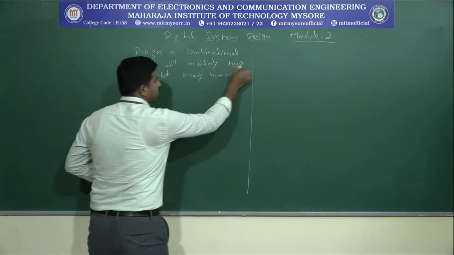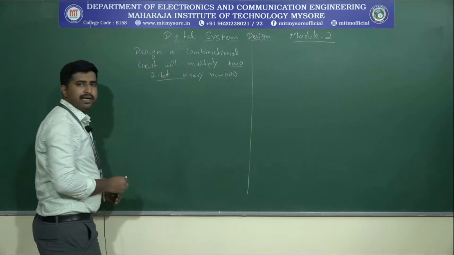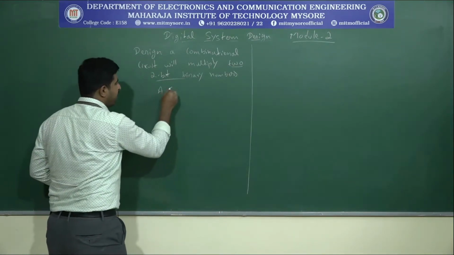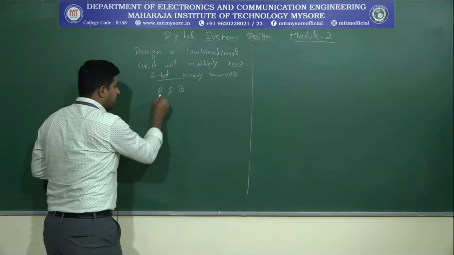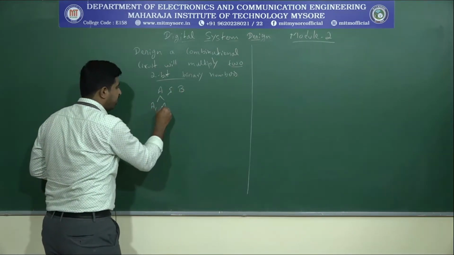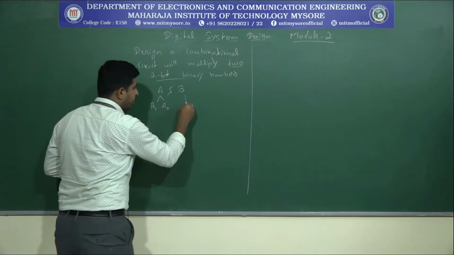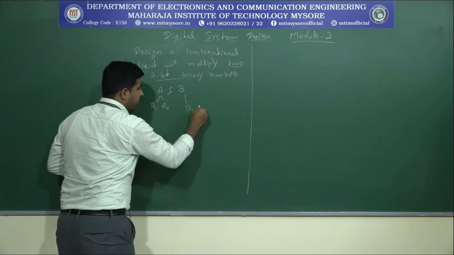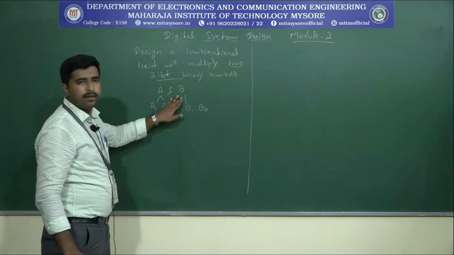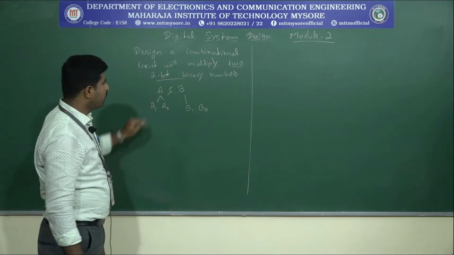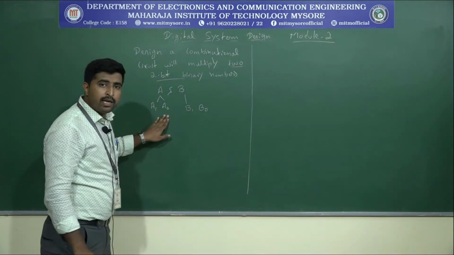There are two 2-bit binary numbers. I will consider A and B as the two numbers, each of 2 bits. So I will take A1, A0, and similarly B1, B0 for the other input, B. Now we need to look at how many outputs there will be.